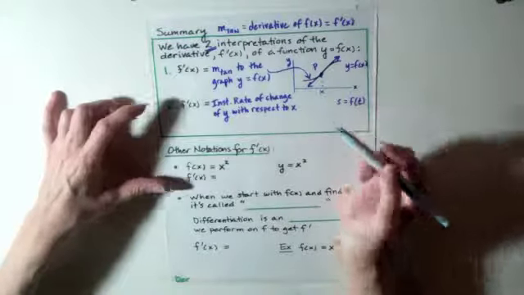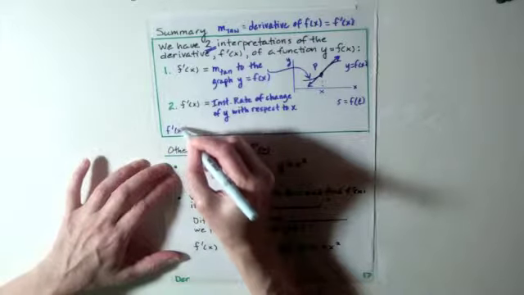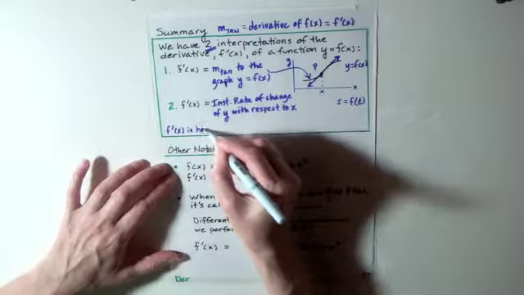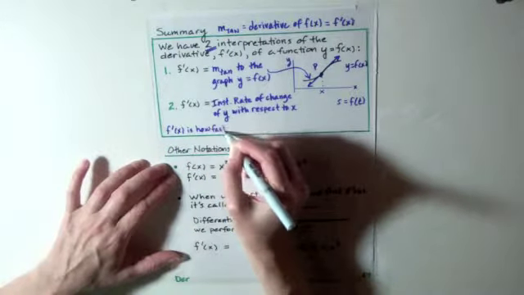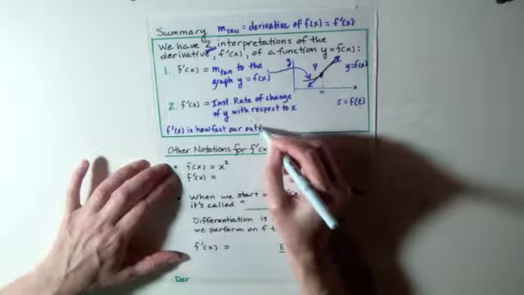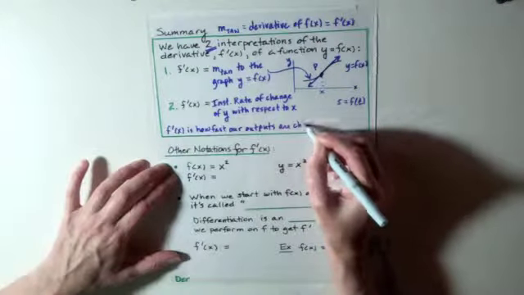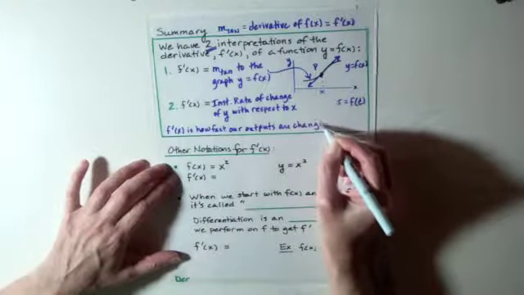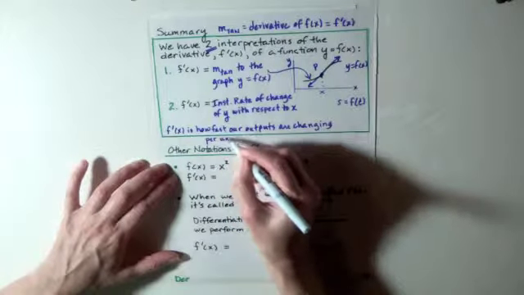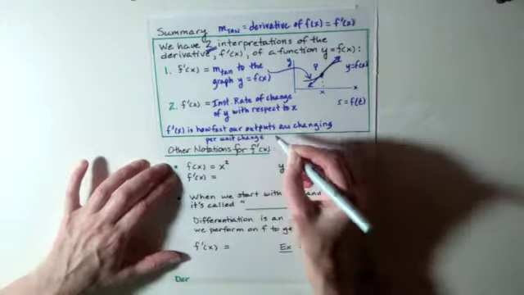And another way of saying this, just informally, is that f prime of x is a measure of how fast our outputs are changing with respect to, or per unit change in, our inputs.